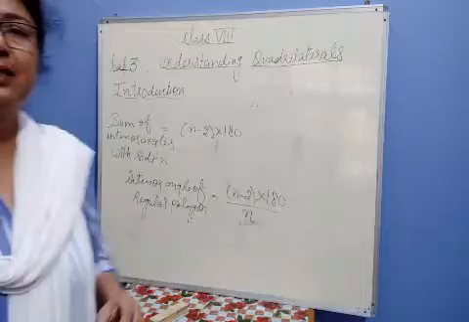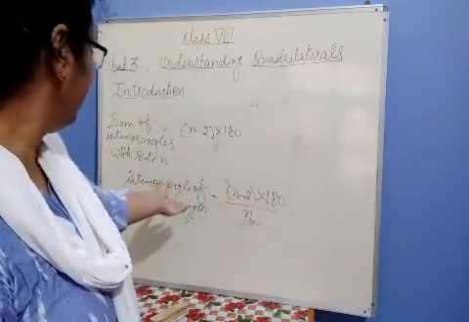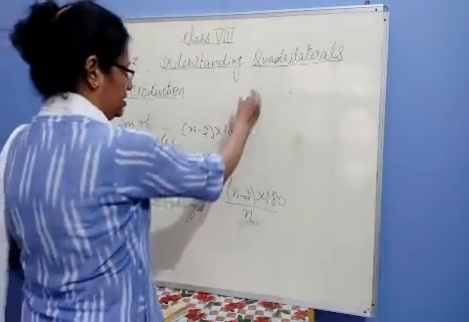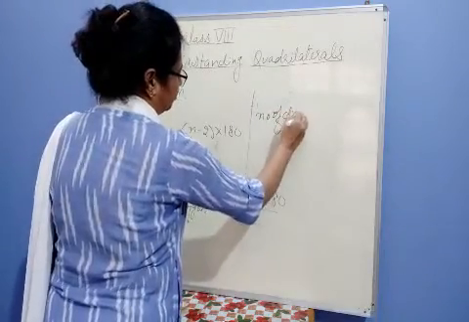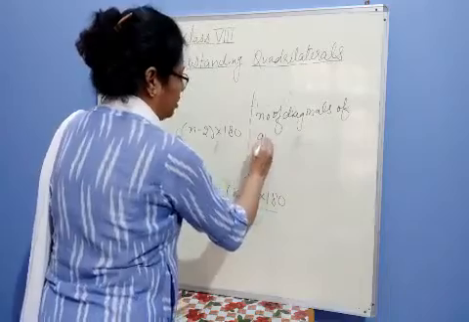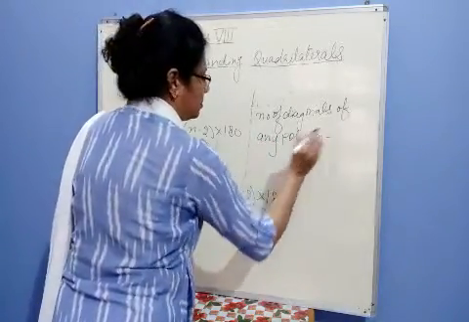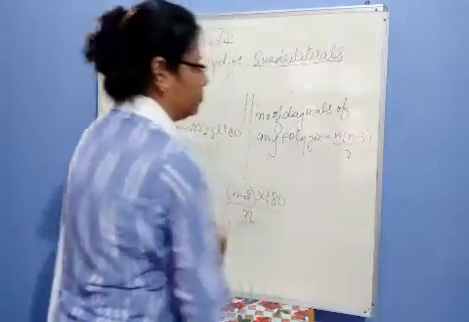Means if you divide the sum of all interior angles by the number of sides, you will get each interior angle of a polygon. The third formula is to find the number of diagonals of any polygon, which is n into n minus 3 upon 2.